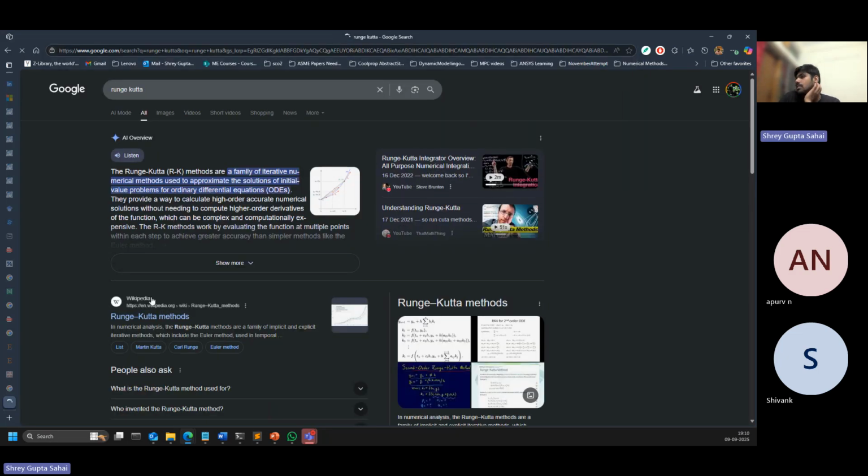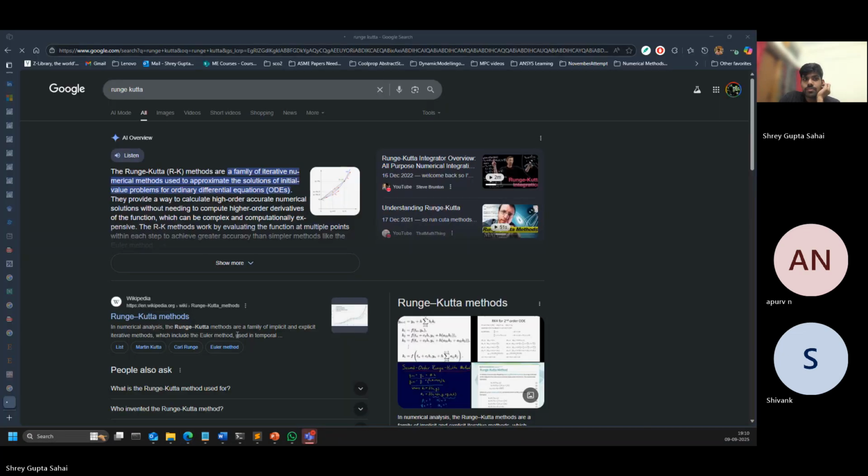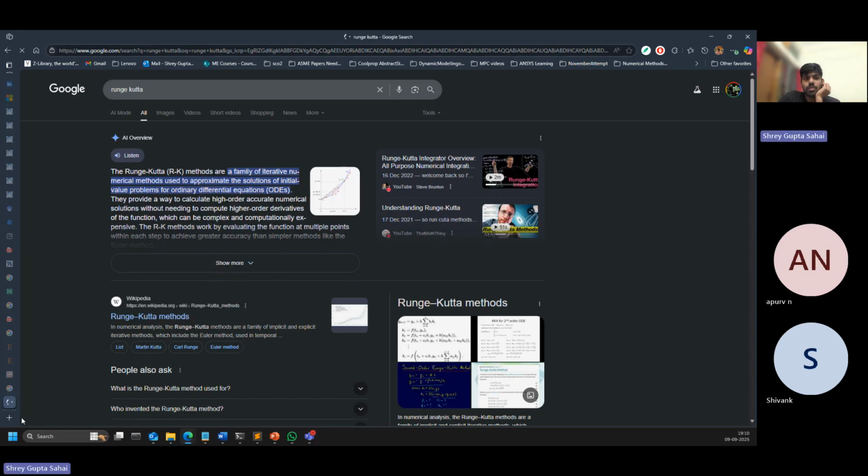Let me open the book, but opening the book will also hang it. Can you search it and tell me what the RK method says? Can you just read out the Wikipedia page?